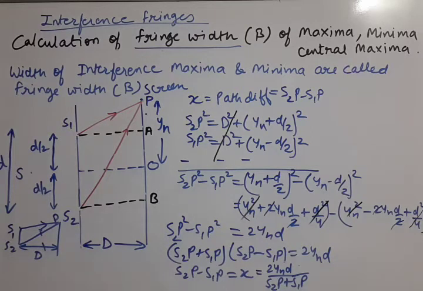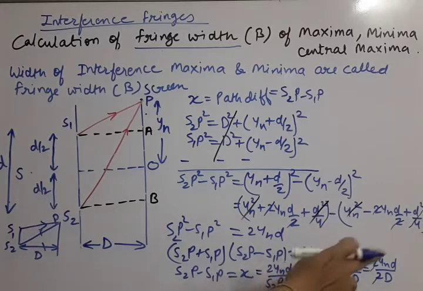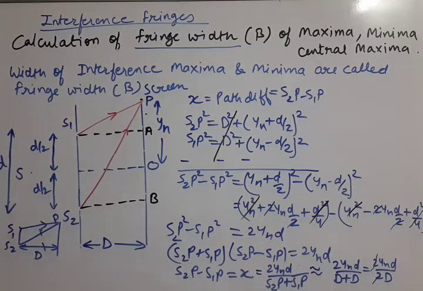So here we will take S2P also equal to D, S1P also equal to D. D plus D will become 2D. So this upper 2 will get cancelled with this denominator 2. So finally, the relation between x and yn has been established.